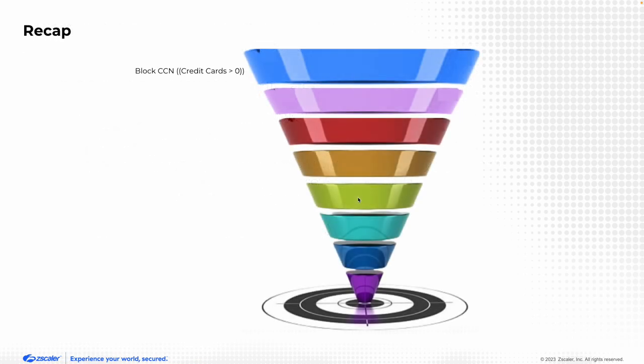So to recap, what we have covered so far is that we started with a very open policy that looks for any number of credit cards. Then we set the count to 5 so that files with less than 5 credit cards are not blocked. Then we added the high confidence phrase and the proximity length that it looks for. We did a bin check to make sure that only files matching at least 5 bin occurrences are matched and blocked.